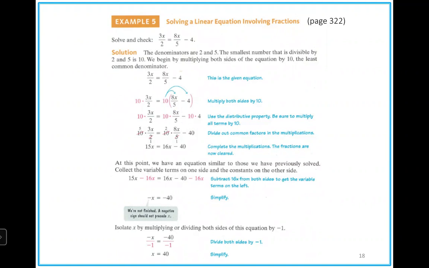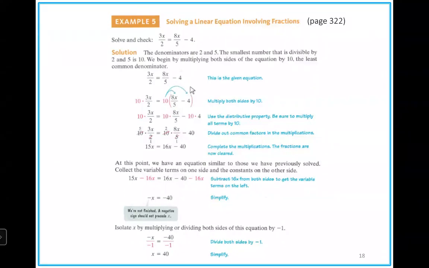Okay. So in order to solve this, we need to eliminate the denominators. And so we try to find a number which both of those denominators can divide. And so for 2 and 5, you will see that they chose to use 10.